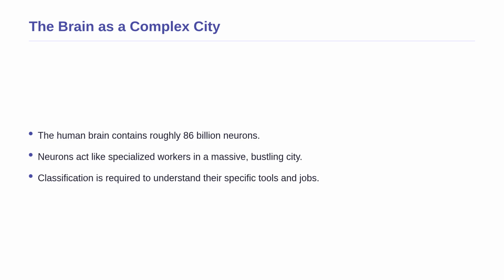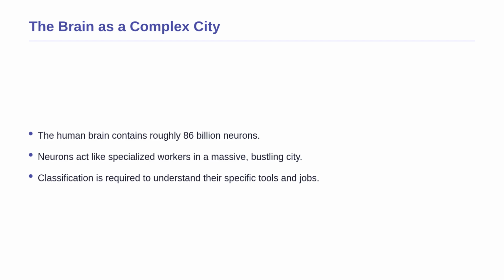To start, I want you to imagine a massive, bustling city. In this city, billions of workers are collaborating to keep everything running smoothly. Some are long-distance truck drivers, others are local delivery riders, and some are managers processing information. If you wanted to truly understand how this city functions, you would not just say they are all workers.